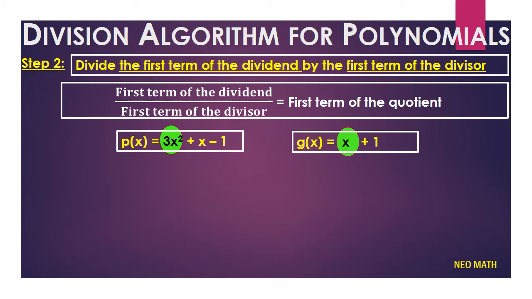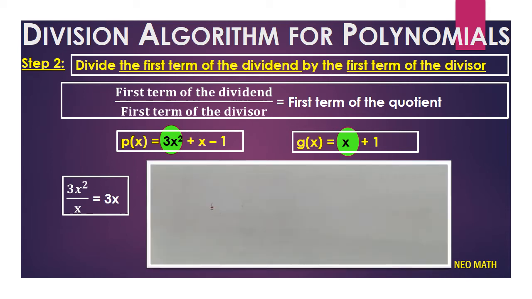So 3x square by x is equal to 3x. 3x square by x can be written as 3 into x by x. X and x get cancelled, we get 3x.